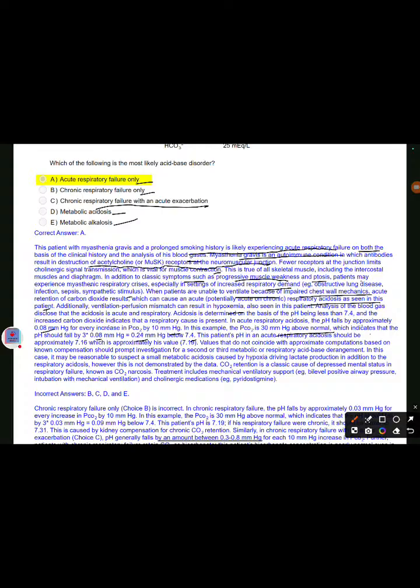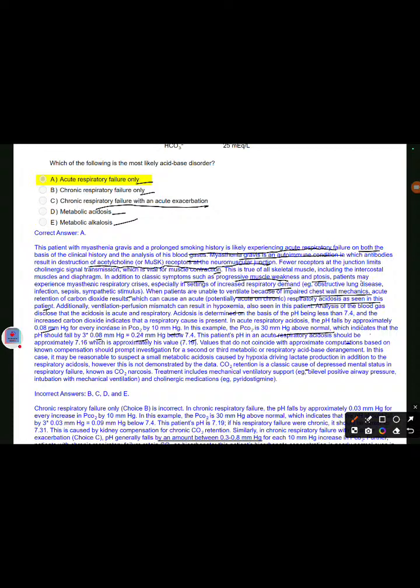A pH that deviates from this expected change should prompt investigation for a second or third metabolic or respiratory acid-base derangement. In this case, it may be reasonable to suspect a small metabolic acidosis caused by hypoxia, driving lactate production in addition to the respiratory acidosis. However, this is not demonstrated by the data.